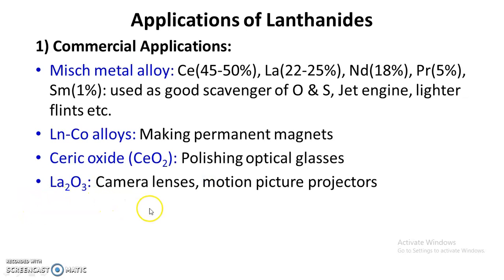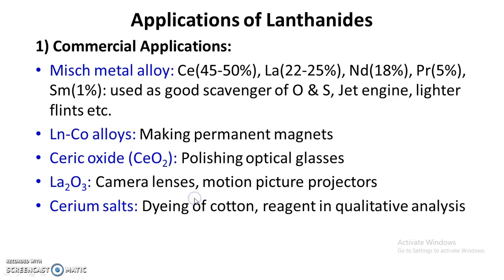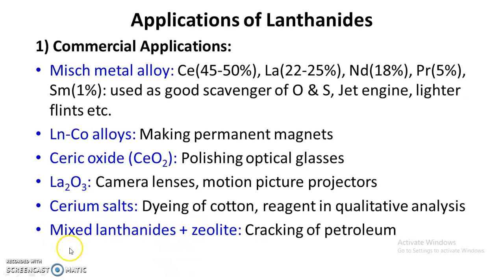Lanthanum oxide is used in making camera lenses, motion picture projectors, etc. Then various cerium salts are used in dyeing of cotton, and they are a very good reagent in qualitative analysis. Mixed lanthanides along with zeolite are a good catalyst for cracking of petroleum.